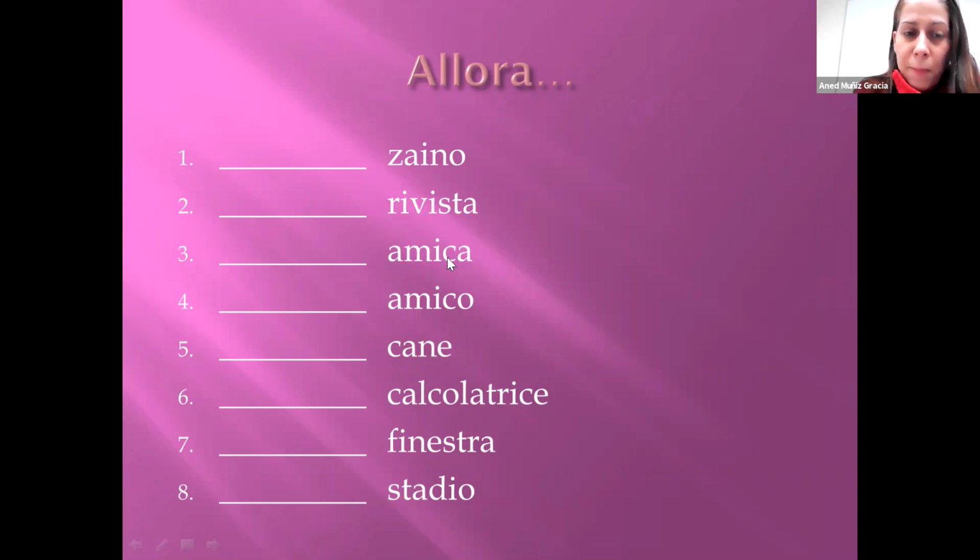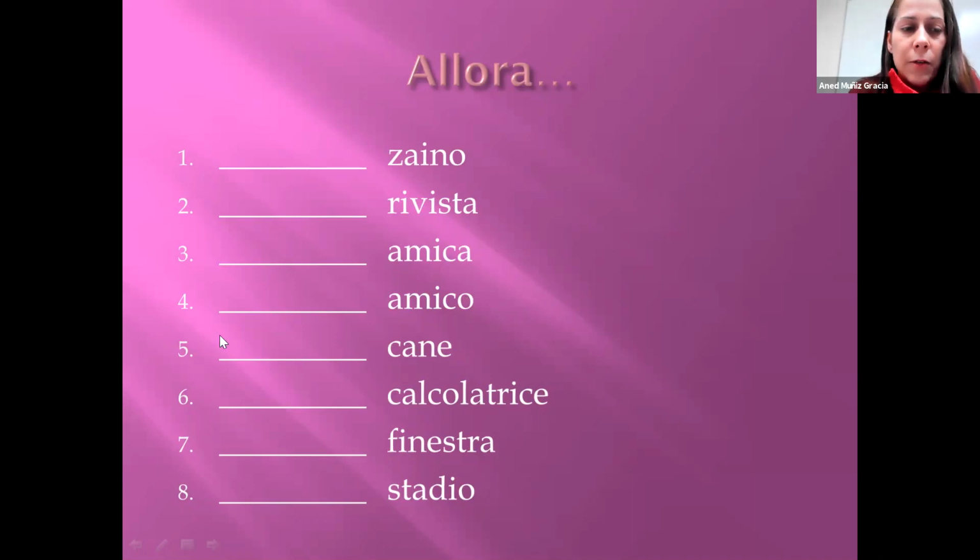Amica, femminile, comincia con vocale, un'amica. Amico, right? Maschile, comincia con vocale, un amico. One way to remember when to use the apostrophe and when not to, because it's un'amica, un amico, is feminine nouns accessorize and masculine nouns do not.